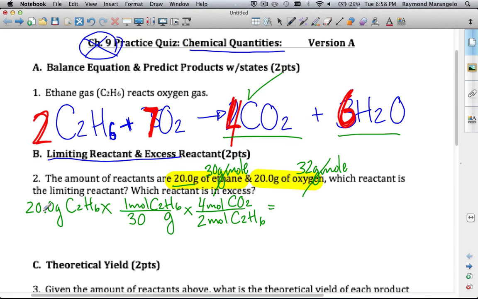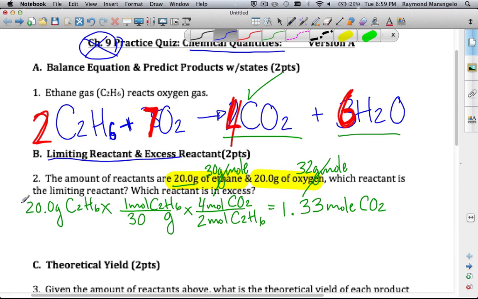So 20, I'll just have my calculator here. 20 divided by 30, alright, times 4 divided by 2 gives me 1.33 moles of CO2. That's how much CO2 I could produce if I had 20 grams of C2H6.